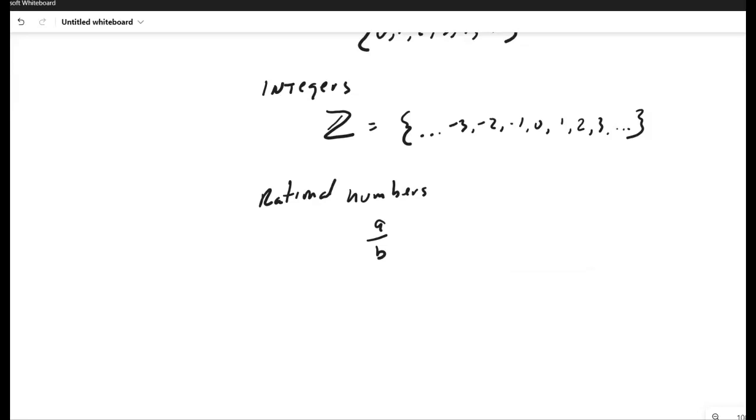So we could have numbers such as 1/2, 3/2, even 4/2. Well, 4/2 is 2, but it can be represented as a ratio.